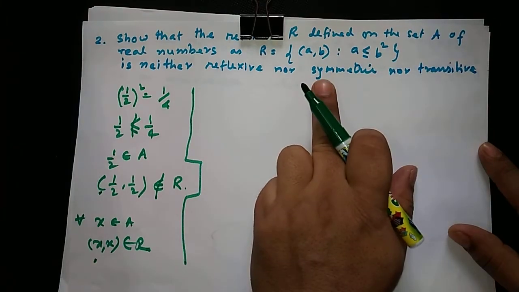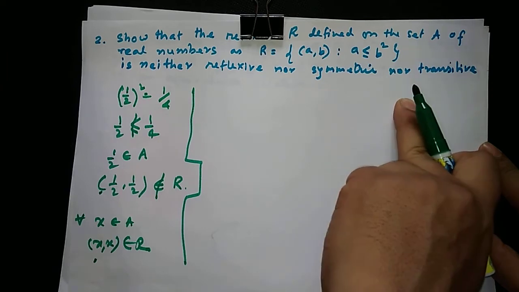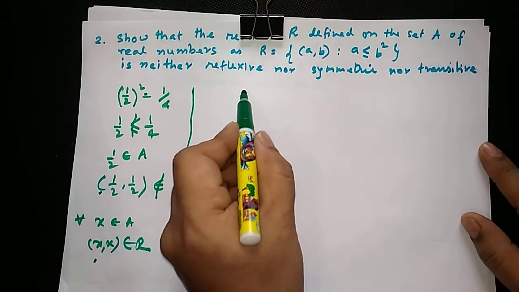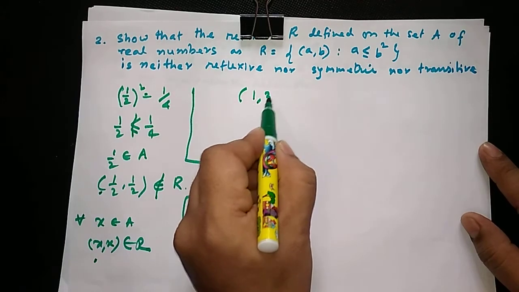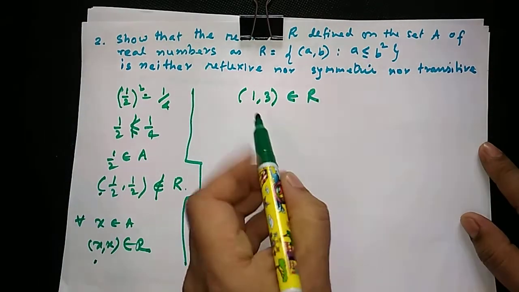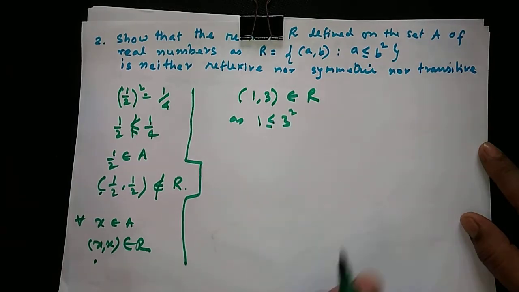Now for symmetric, if you recall, what was symmetric? If (a, b) belongs to R, then (b, a) must be a part of the same relation. Clearly, can I write (1, 3) belongs to R? Because 1 is less than 3 square.